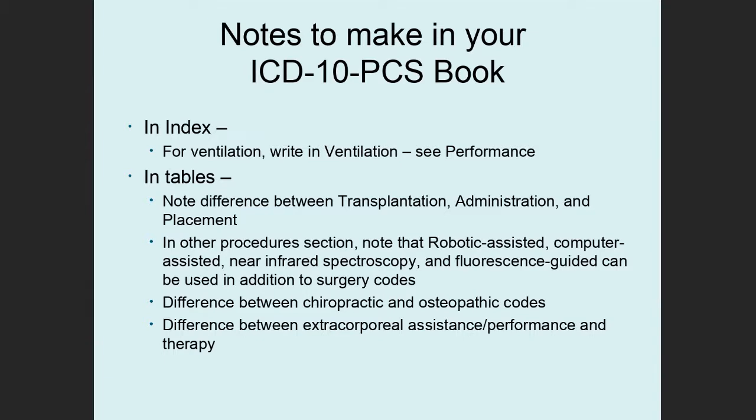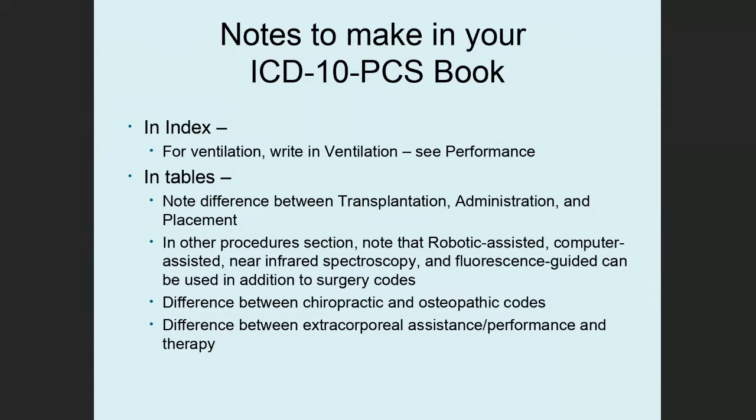That's in the index. In the table, make a note somewhere of the difference between transplantation, administration, and placement. For example, bone marrow transplantation is not done in transplantation, it's done as administration. So you might make a note in your book about that.